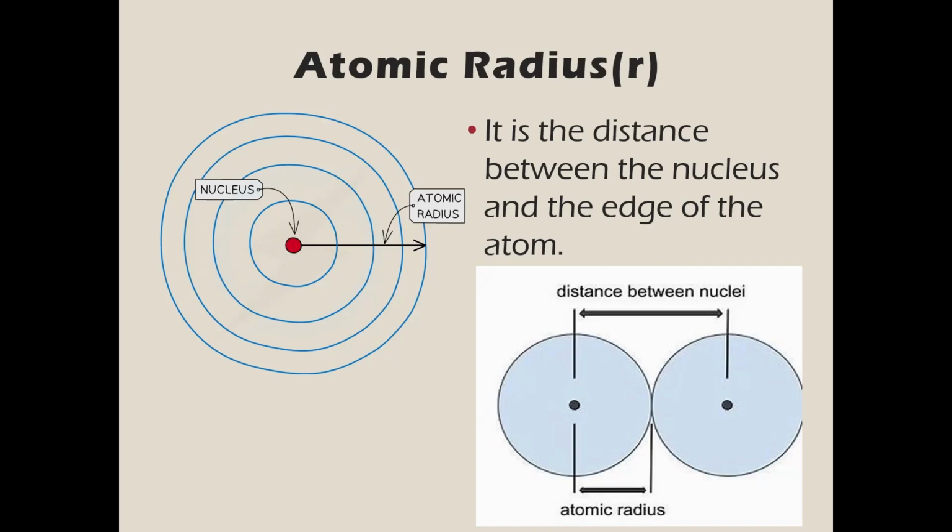So there is another way to measure the atomic radius, which is half the distance between the nuclei of 2 adjacent atoms. This is an atom and this is another atom. If we measure the distance between nucleus 1 and nucleus 2 and divide it by 2, we get the atomic radius. Anyway, consider it as the distance from the nucleus to the edge of the atom.